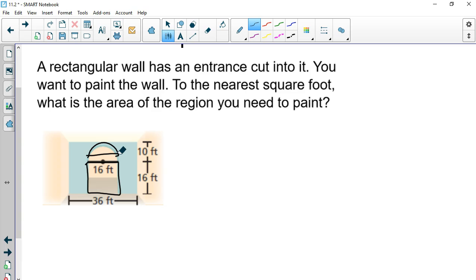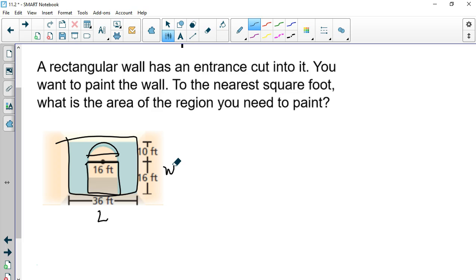Okay? So first off, we need to find the area of the rectangle. Okay, my bad, I misread that. We need to find the area of the door, which is the rectangle and the half circle, and then subtract it from this blue area here. So first we're going to find the area of the entire area. And that's going to be the length times the width. Now the length is obviously 36.